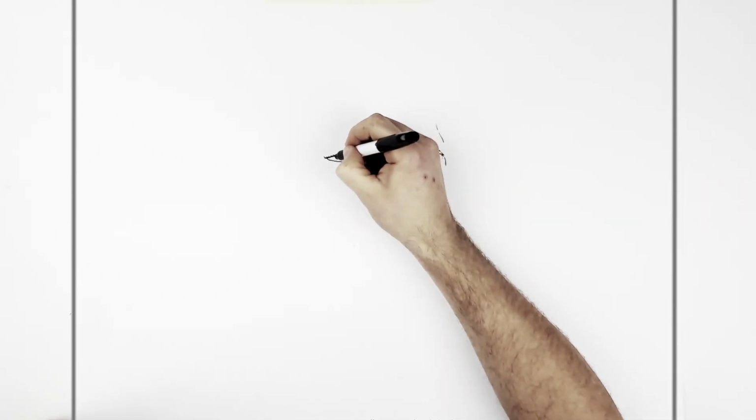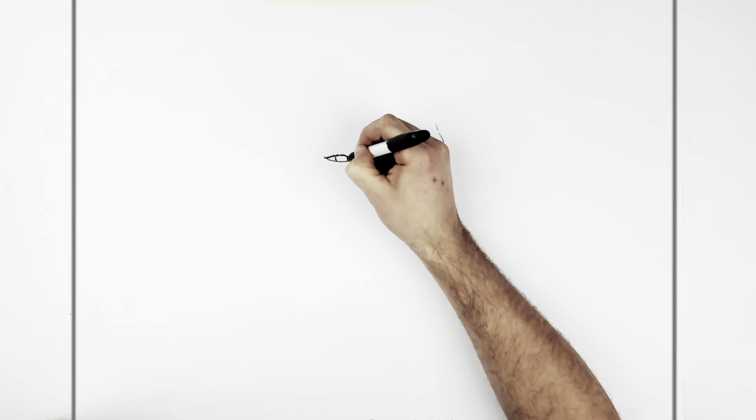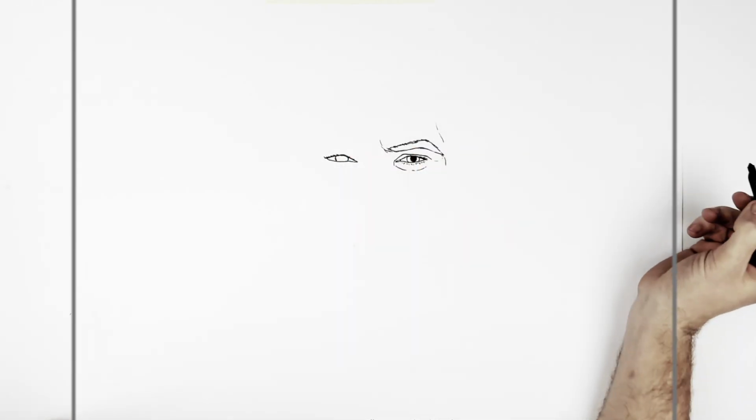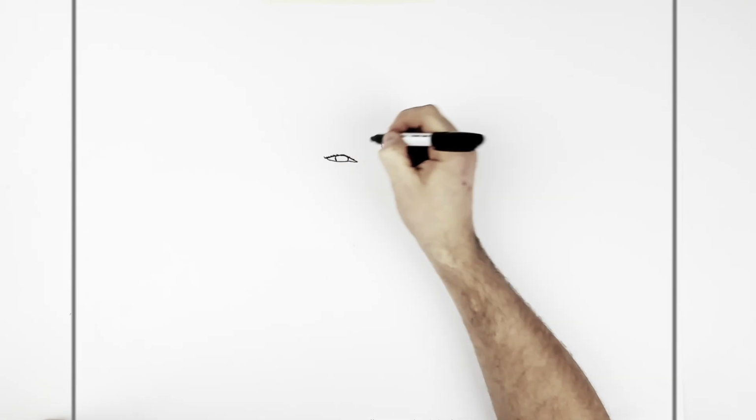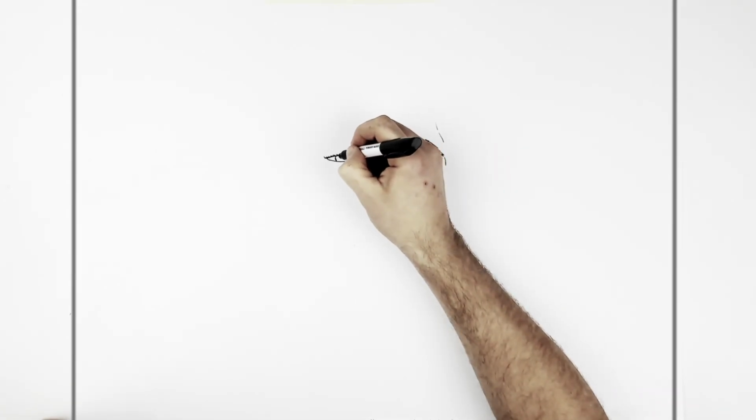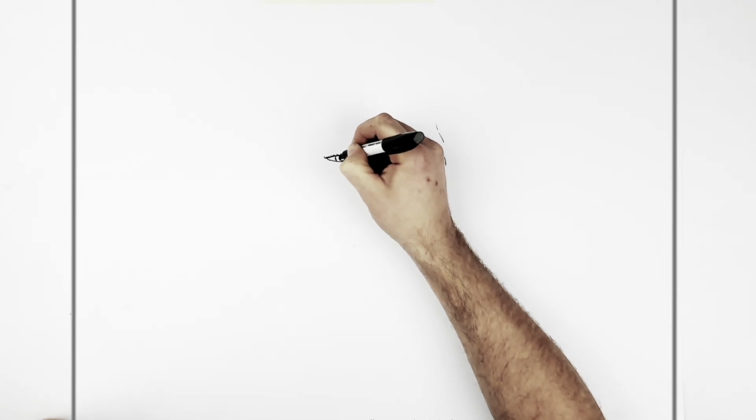And then iris brackets inside. And the pupil, very big. Circle, colored in black.